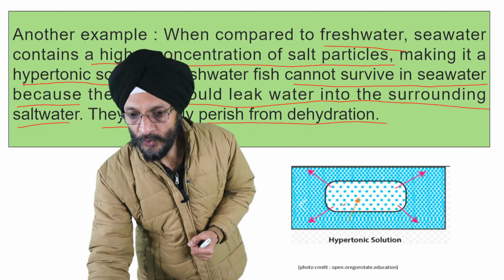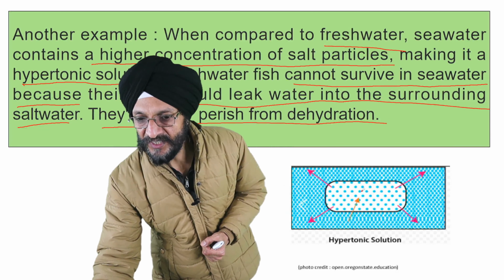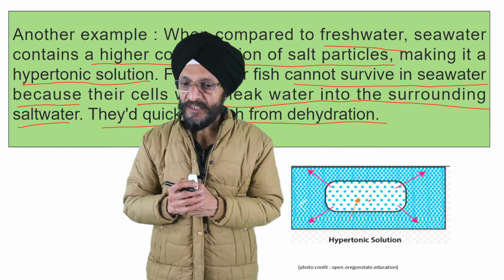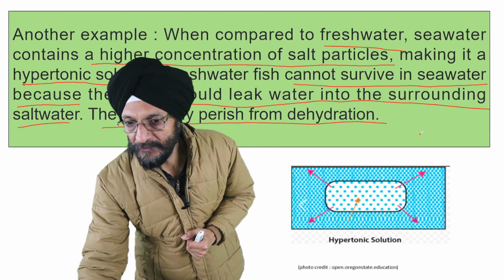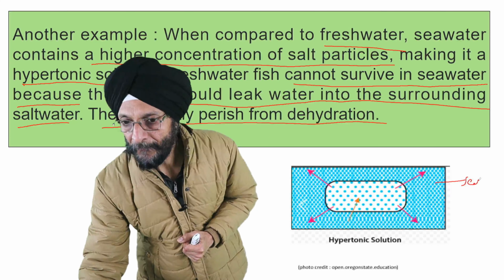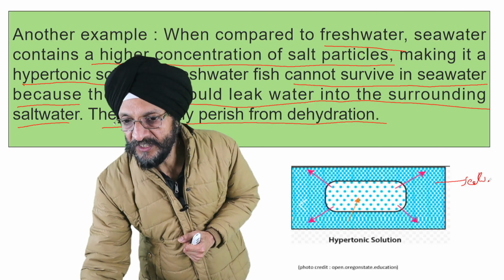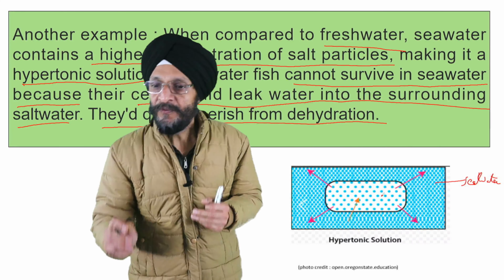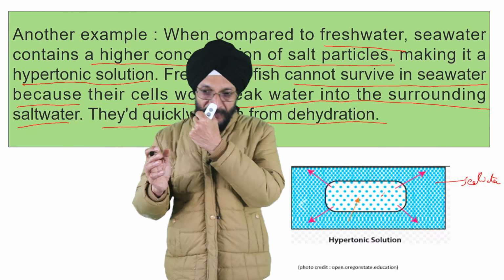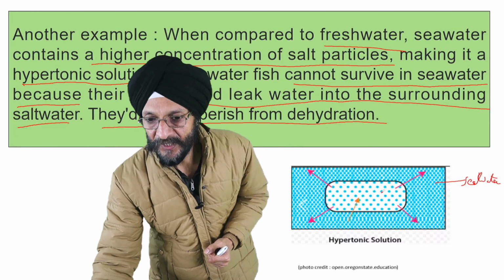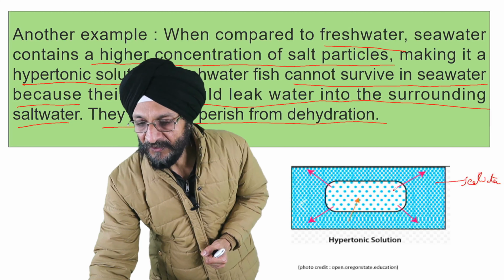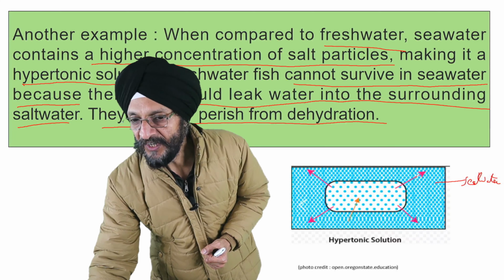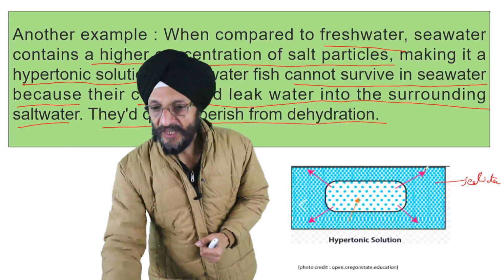Suppose we assume that this is the cell of a fish and the fish is a freshwater fish which has been placed in the sea water. Suppose this is the sea water and this is the cell of a freshwater fish, and what will happen? The water will come out of the cell of the fish into the sea water.